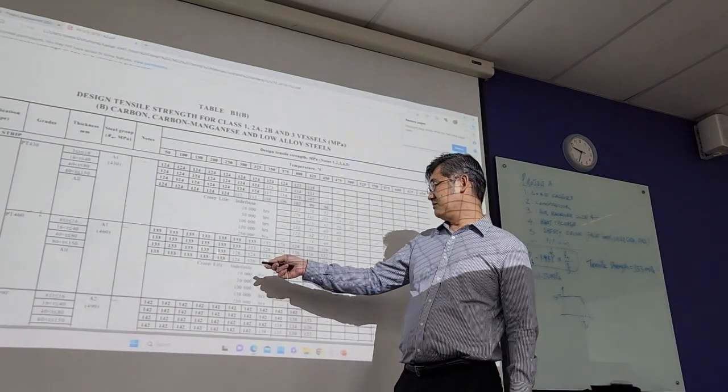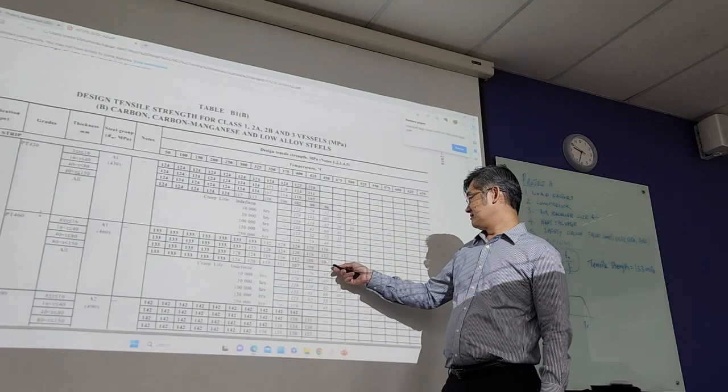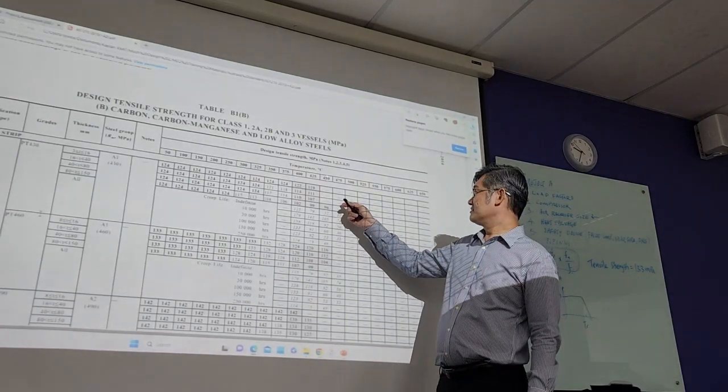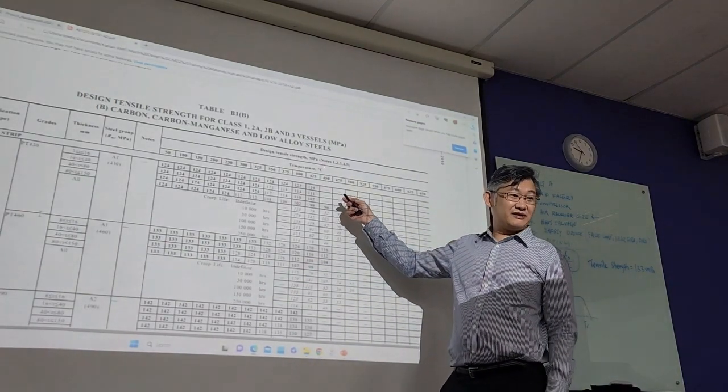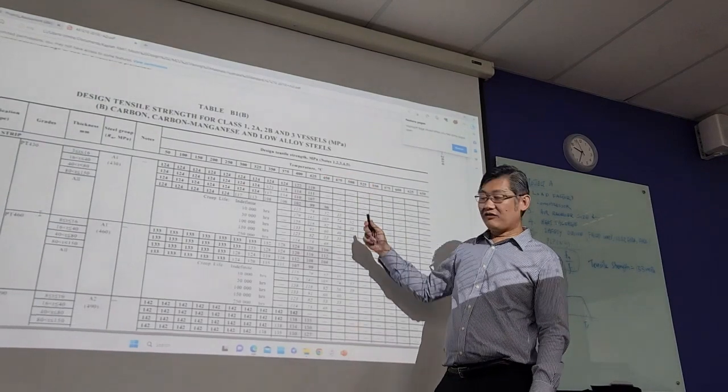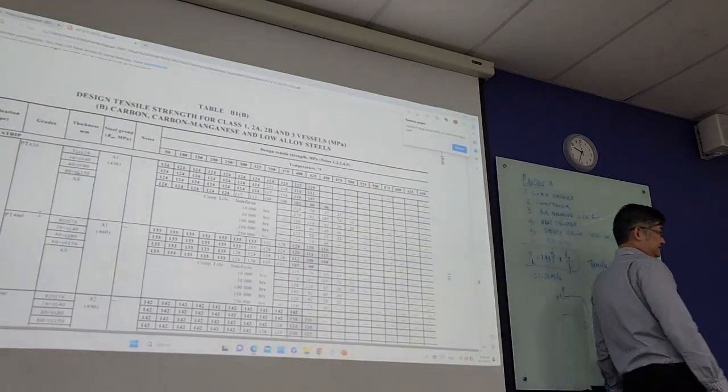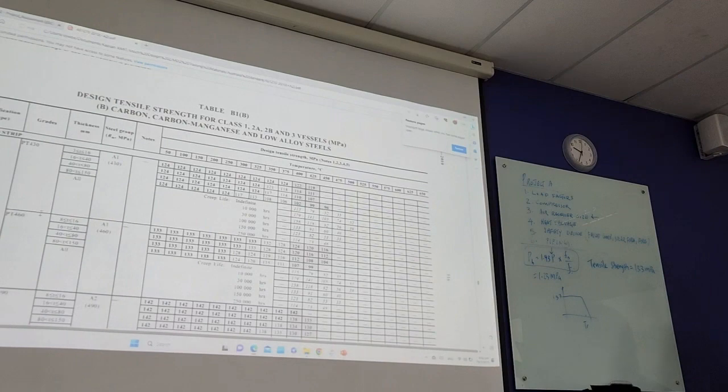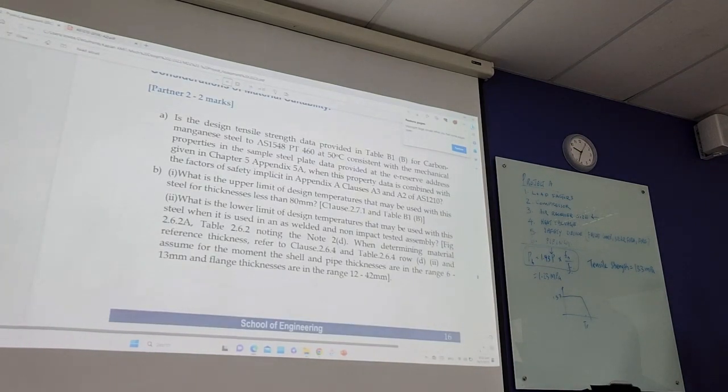So we refer to this row. So what would be the temperature? 450, maximum. Maximum 450 degrees Celsius. So the question actually shows us what to look for: less than 80 mm. So you know the answer for B.